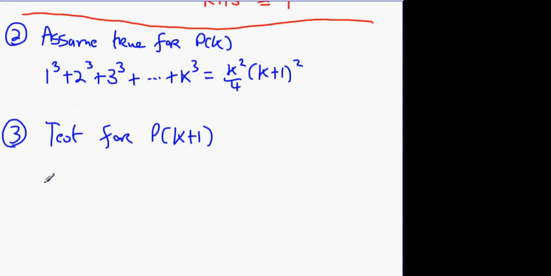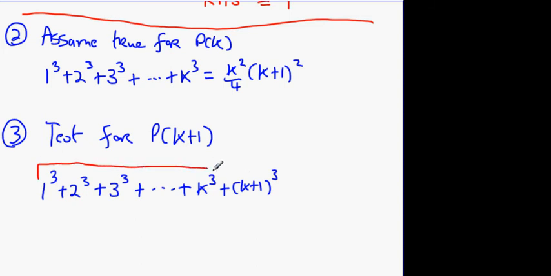Now what we're going to get here is 1 cubed plus 2 cubed plus 3 cubed plus dot dot dot k cubed plus k plus 1 cubed. Now you see that that's k plus 1 cubed there, okay? And what we can see is that the first k terms is P of k.